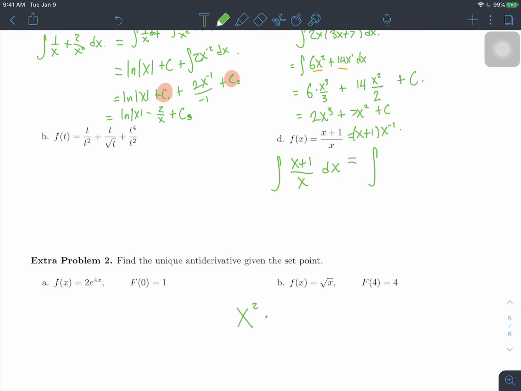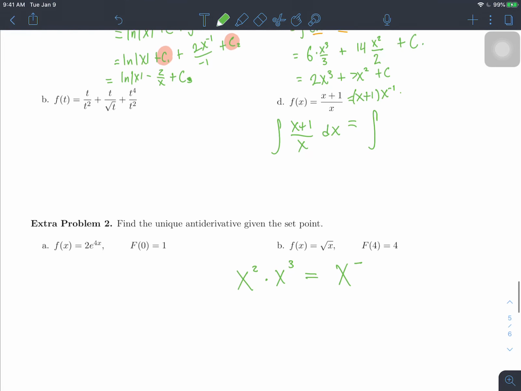No, I'm just asking, if I do x squared times x cubed, what do I do with the powers? If I want to write this as x to some power, what should the power be? What if I wrote it like this?